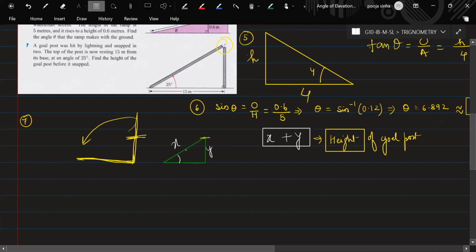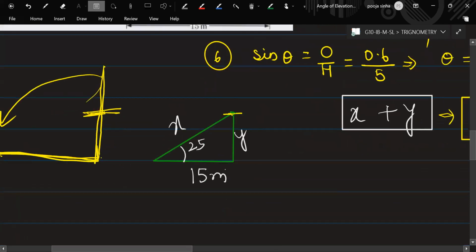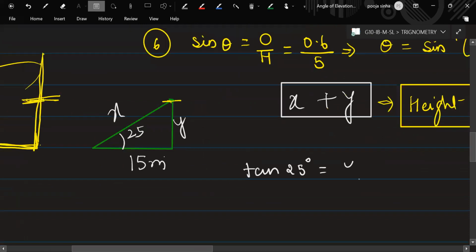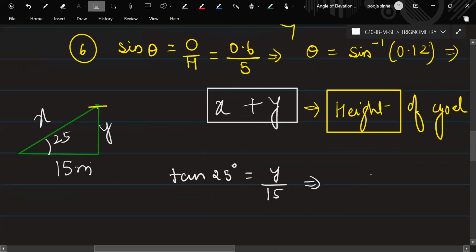This we know is 25 degrees and this is 15 meters. Now you tell me, it's quite easy. Find x and find y. Use tan to find y. So tan 25 is equal to y upon 15, which means y equals 15 times tan 25.